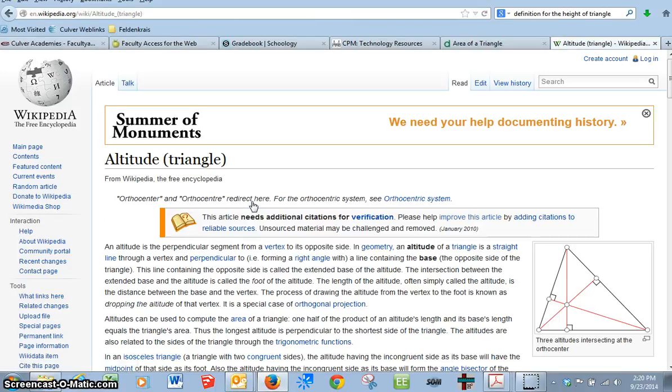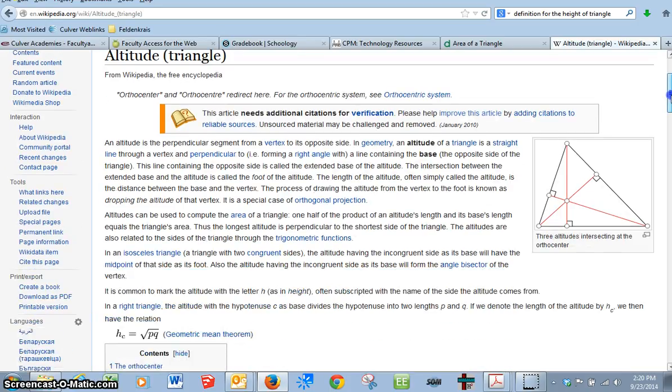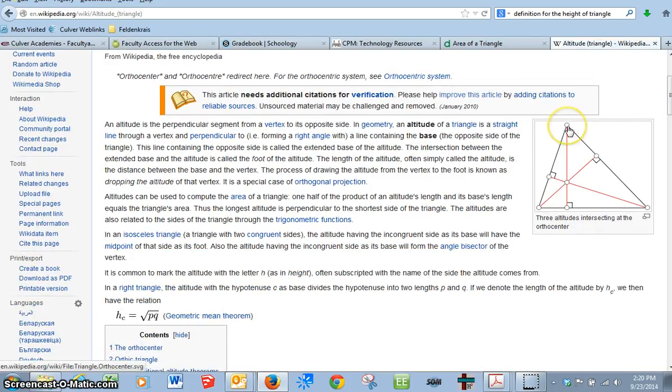And let's see if there's any interesting drawings here. These are 3 altitudes. According to the definition, it is a segment drawn from the vertex perpendicular to the line containing the opposite side.